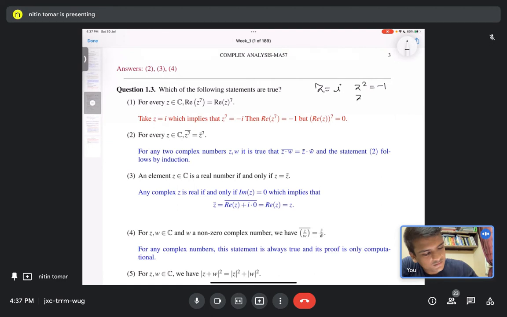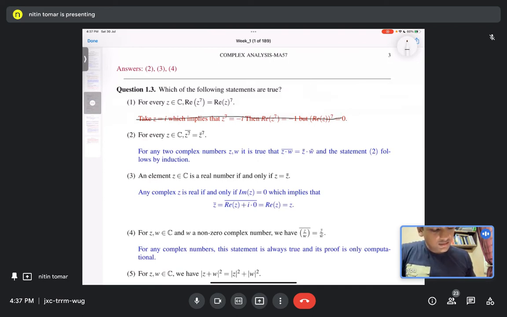Then z to the 6 will be minus 1 cubed, it will be minus 1 itself, and z to the 7 will be minus iota. Oh, so this example is not working, huh? Okay, let's forget about this example right now.